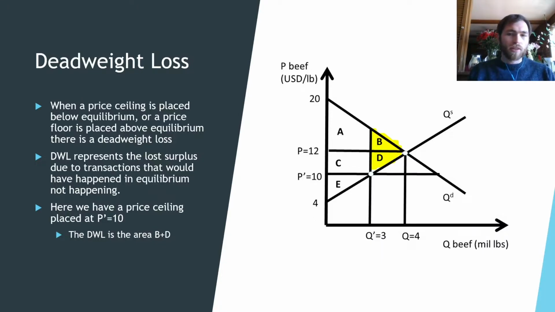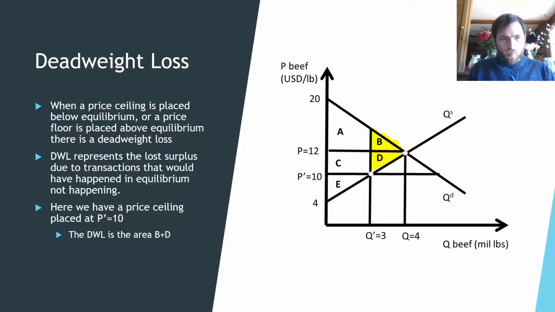So instead of us ending up at a price of 12 and a quantity of 4, we end up at a price of 10 and a quantity of 3, because suppliers are not willing to provide as much as demanders want at the price of 10. And because of that lack of supply, some transactions that would have happened in equilibrium don't happen. That's represented by the deadweight loss area here, B and D.